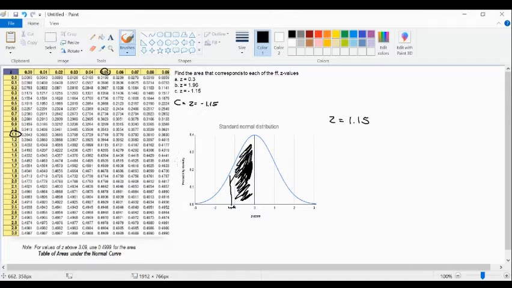Then we take the area value at the intersection of row 1.1 and column 0.05. So here, and then here. So therefore, this area is 0.3749 or 37.49%.